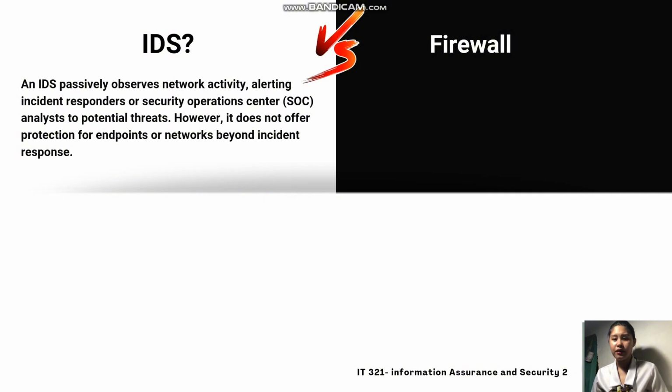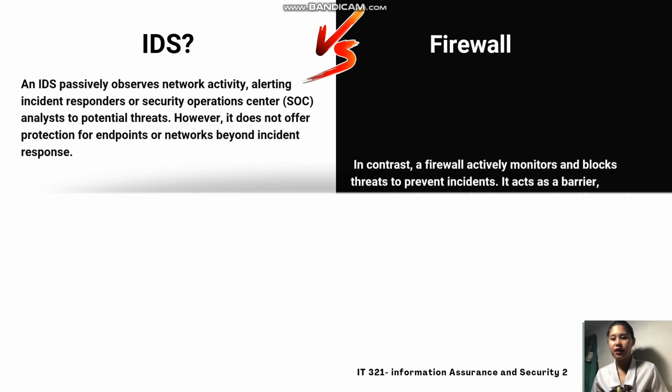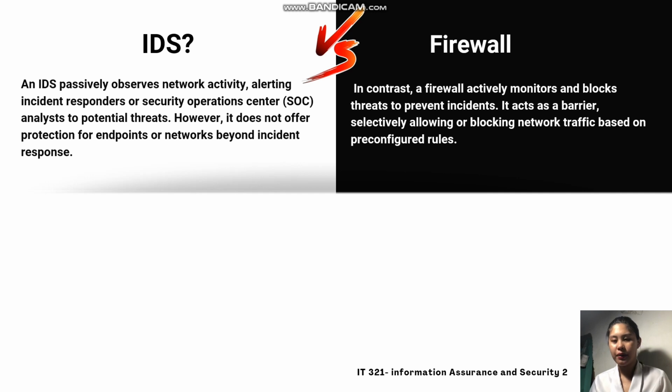However, it does not offer protection for endpoints or network beyond incident response. In contrast, a firewall actively monitors and blocks threats to prevent incidents. It acts as a barrier, selectively allowing or blocking network traffic based on pre-configured rules.